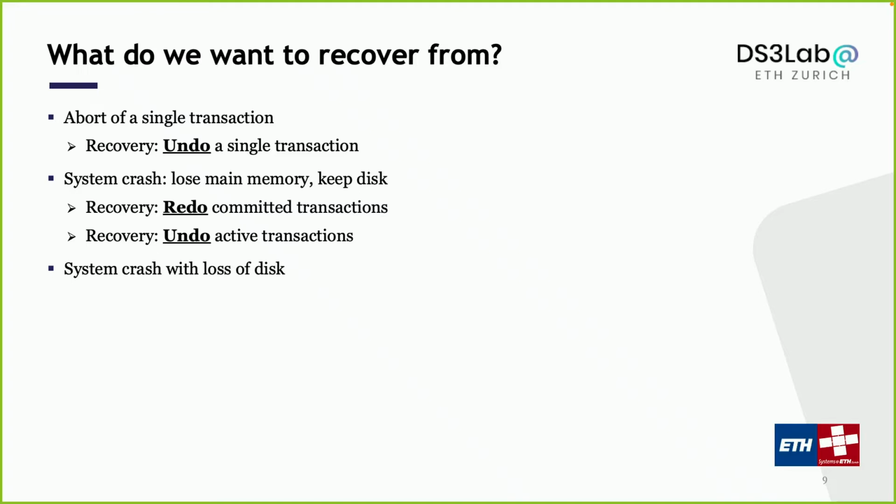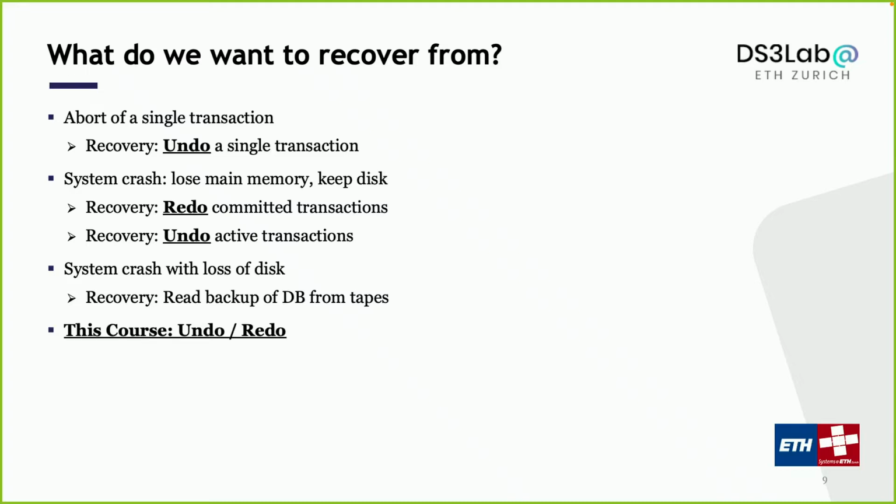Essentially, your hard drive is broken, right? In this case, usually when you have a very mission-critical database system, you have another secondary backup, like a tape or something like that. You put the data in, then you can read the backup. So in this course, we worry about this undo and redo operation.